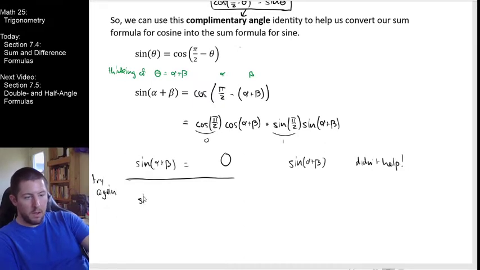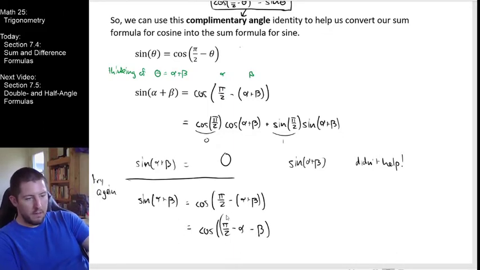Okay, so sine of alpha plus beta, my first thing I wrote there was fine, equals cosine of pi halves minus alpha plus beta. What I really want to do is write this as cosine of pi halves minus alpha, minus beta, and I'm going to group these together like this.